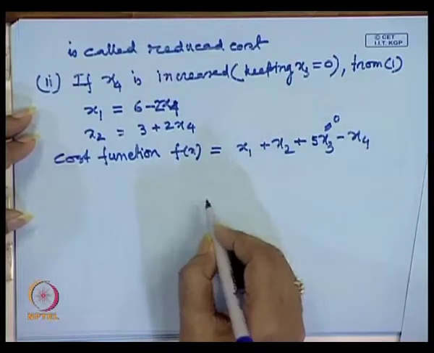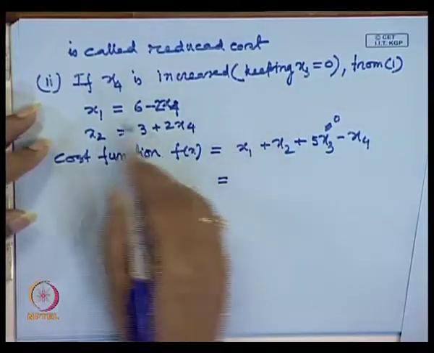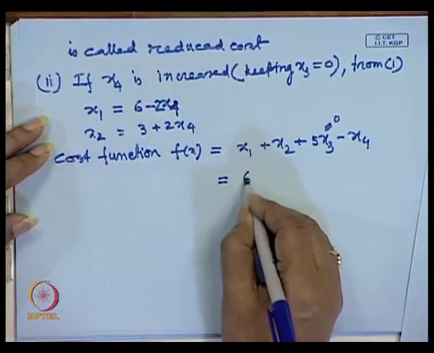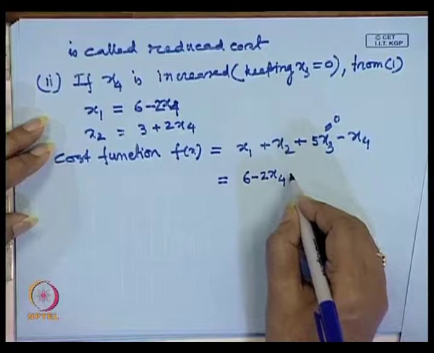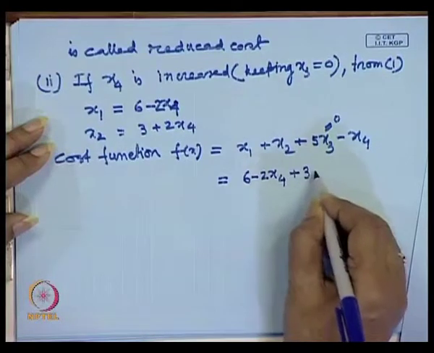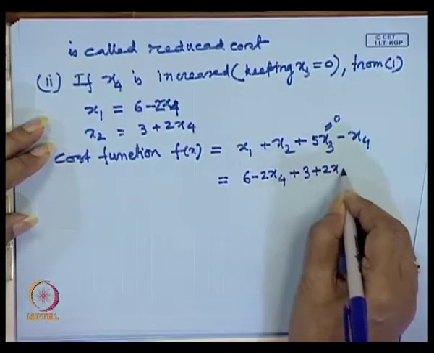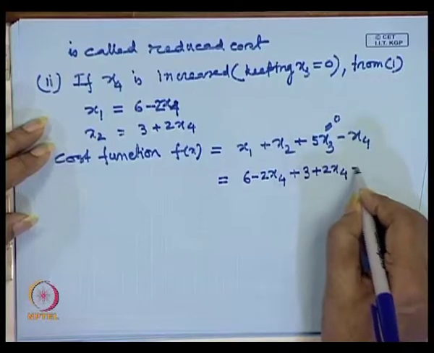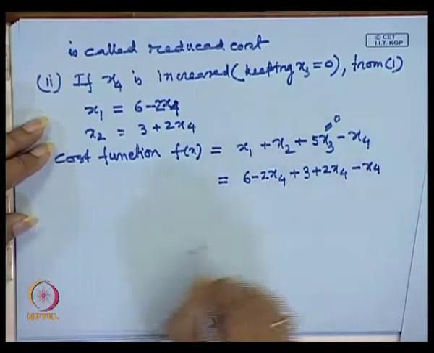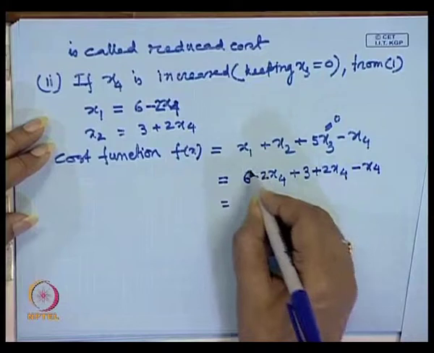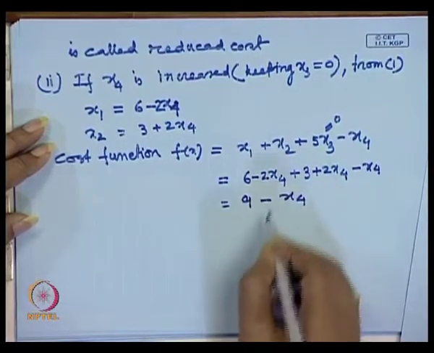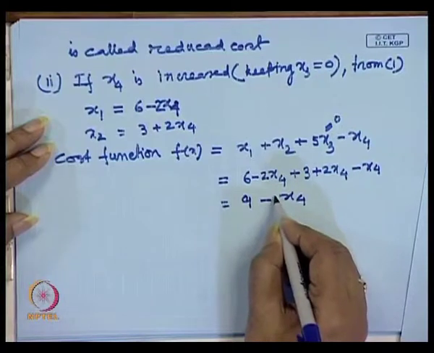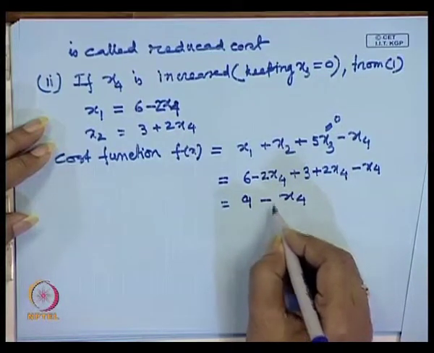So, what is this value? I will express it in terms of x4: x1 is 6 minus 2x4, then x2 is 3 plus 2x4, then minus x4. So, this is 9 minus x4, and the constant term associated with this one is negative.